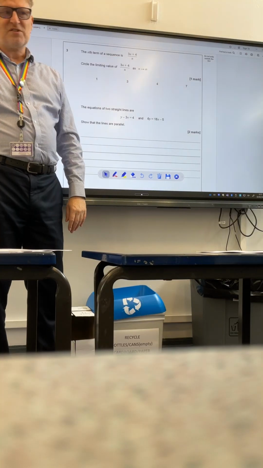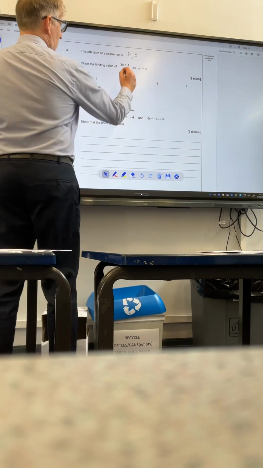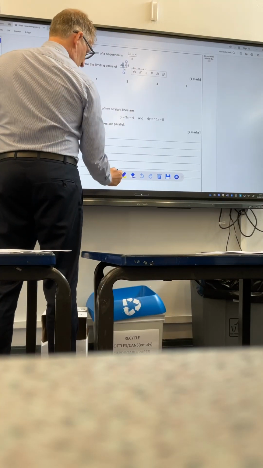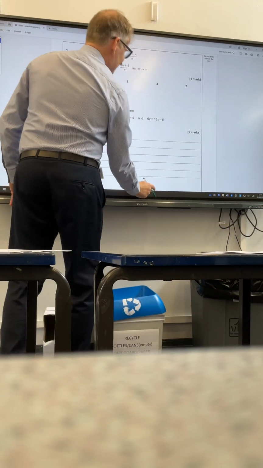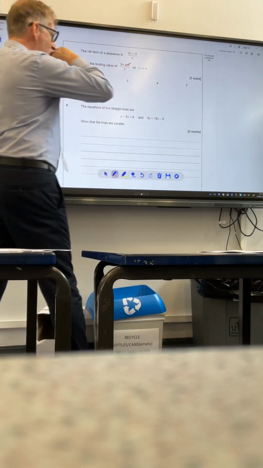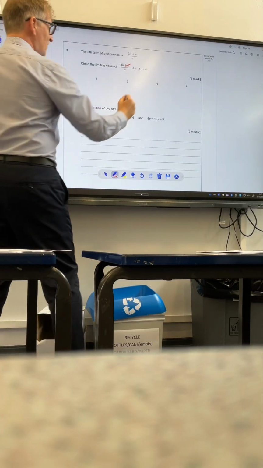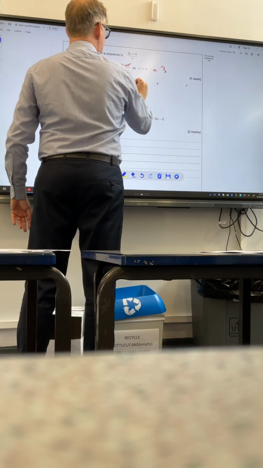It's the 3 billion that dominates here. So I can ignore that 4, and it just becomes 3n over n, which is just 3.